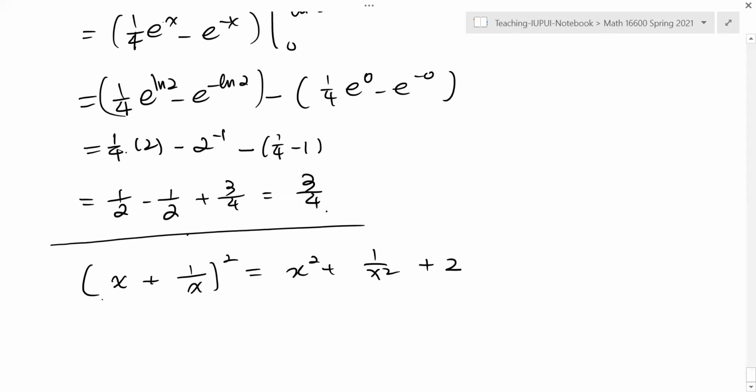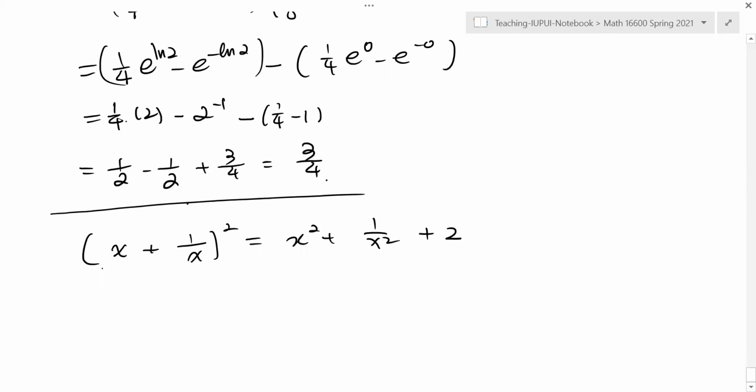So the 2 cancels out in the middle. Let me check.